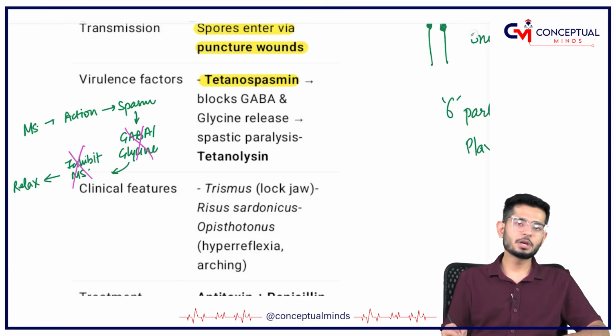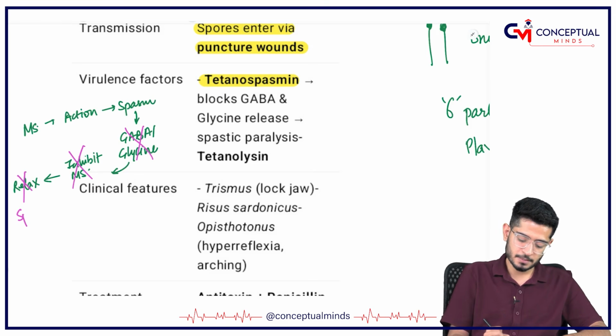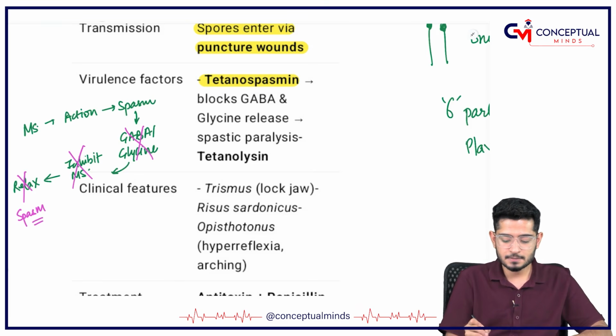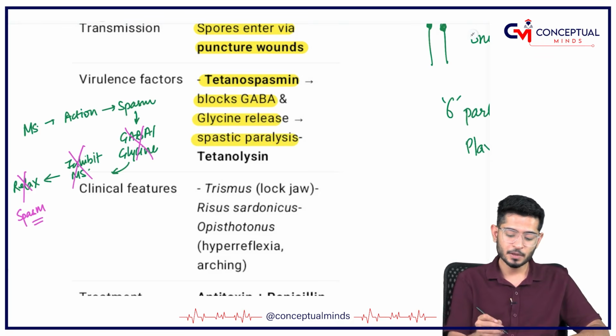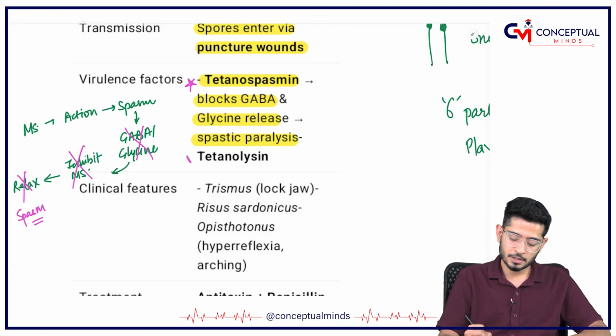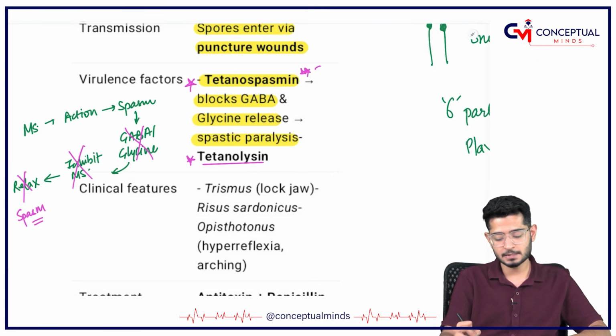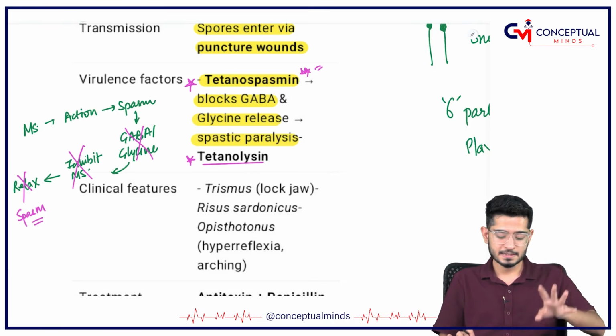So there will be no inhibitory substance released, and there will be no inhibitory response to the muscle. So there will be no relaxation of the muscle and there will be spasmodic muscle. The muscle will be in spasm. So tetanospasmin blocks the GABA, blocks the glycine release. It leads to spastic paralysis, okay. And similarly, one more thing, tetanolysin is also produced, but mainly it is tetanospasmin. So you have to remember tetanospasmin.